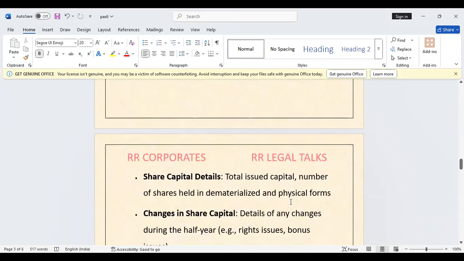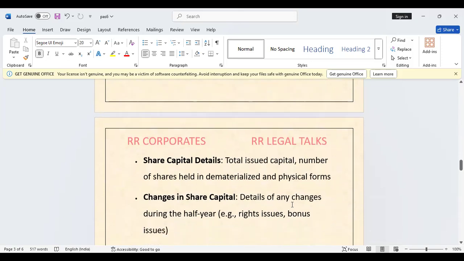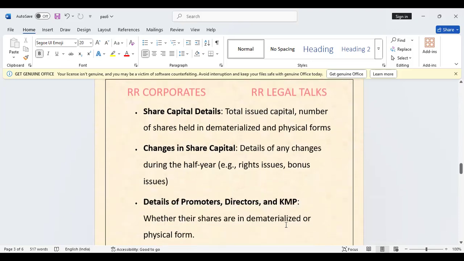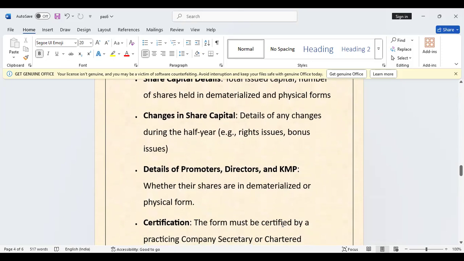Then share capital details: total issued capital, number of shares held in demat, shares held in physical form, and any change in the share capital during the half year, either through rights issue or bonus issue. Then details of promoters, directors, and KMPs, whether their shares are in demat or physical form. These are the details required while filling the form.